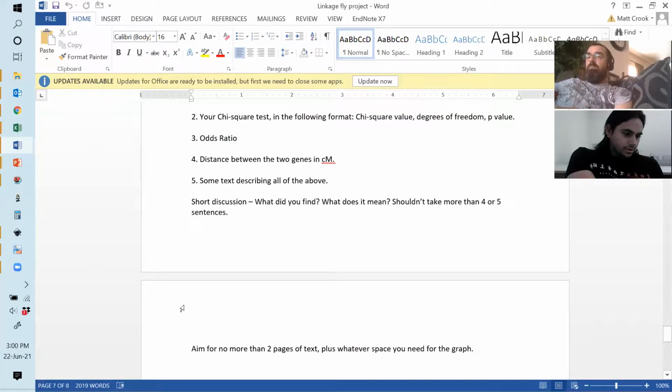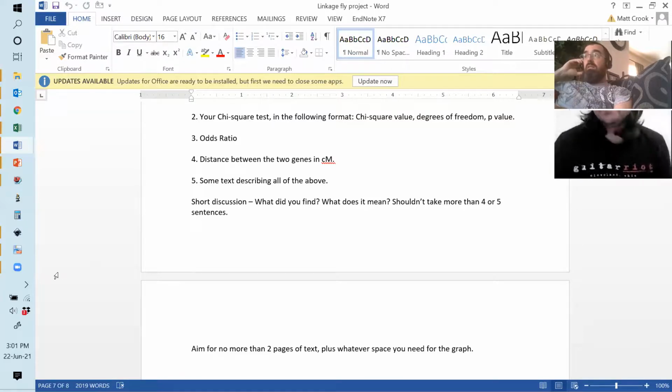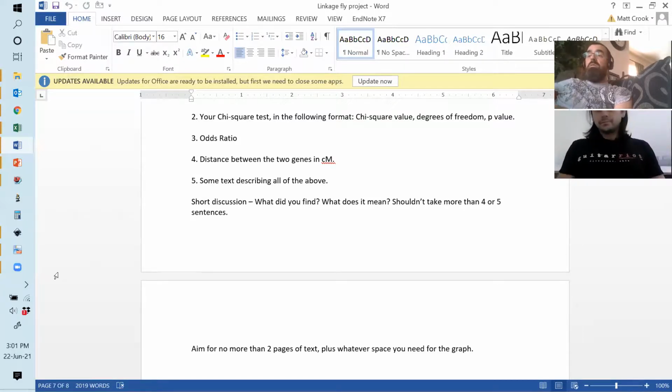There's your mini lab report. That's worth 200 points, so that's a quarter of your lab grade. So this is a relatively straightforward way of getting a very large chunk of your lab grade, which is a decent sized chunk of your course grade.